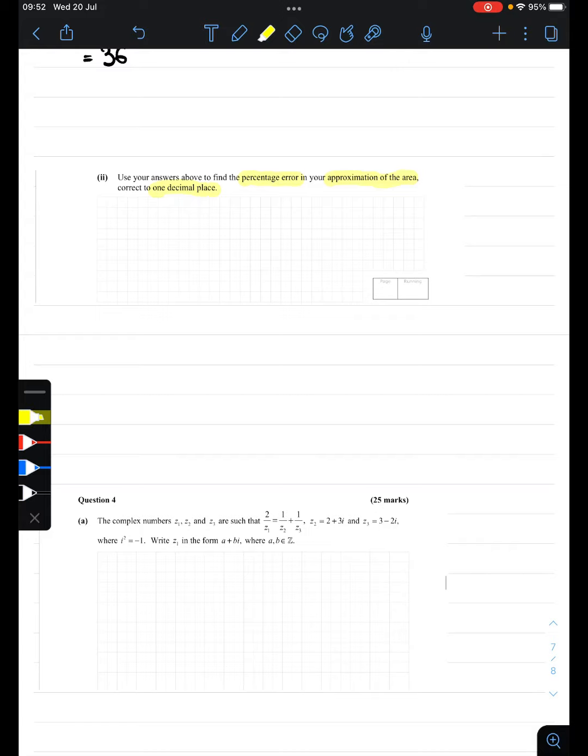Okay, so what's our formula for error? Well, our formula for error, for an approximation, would be approximation minus the true value, all over the true value.